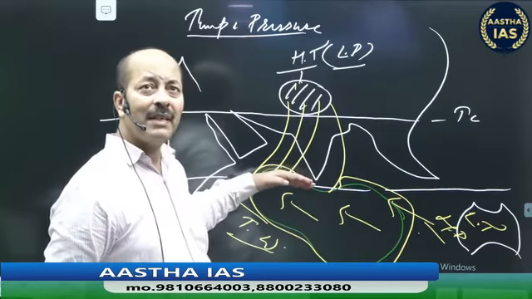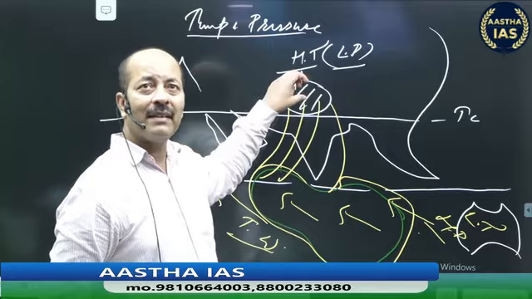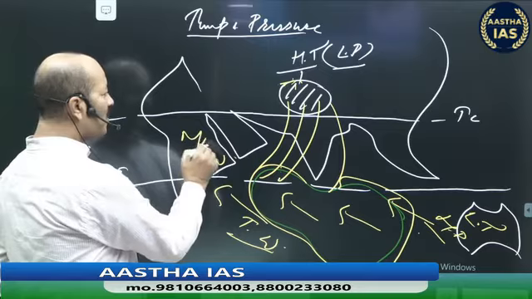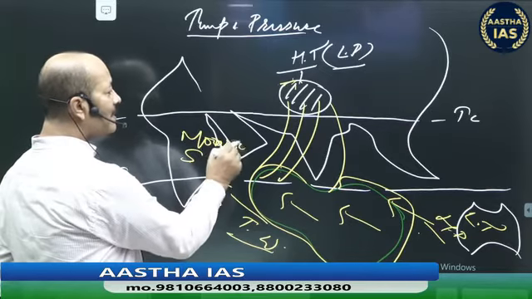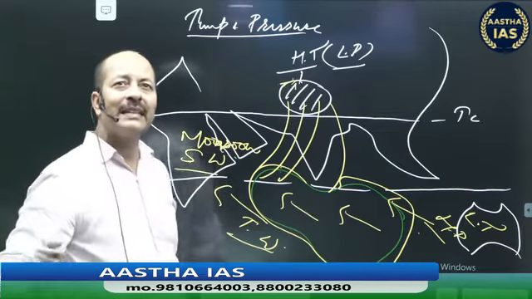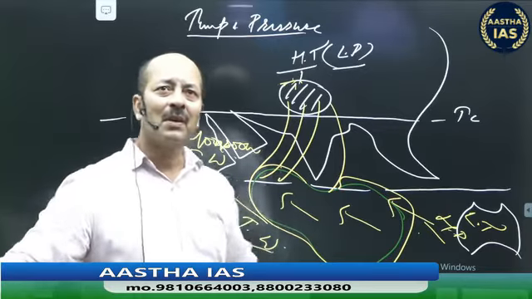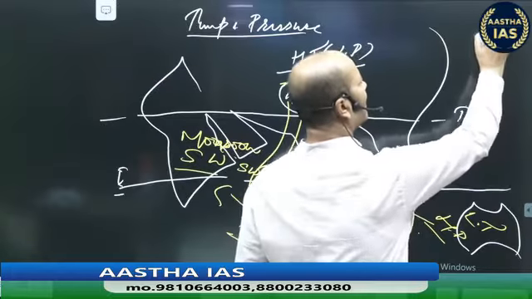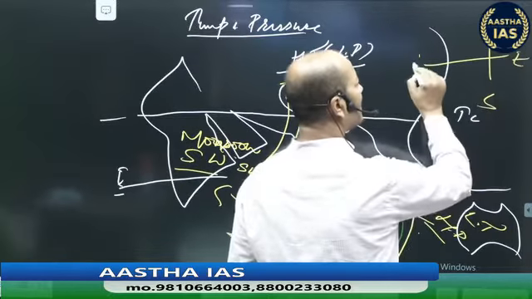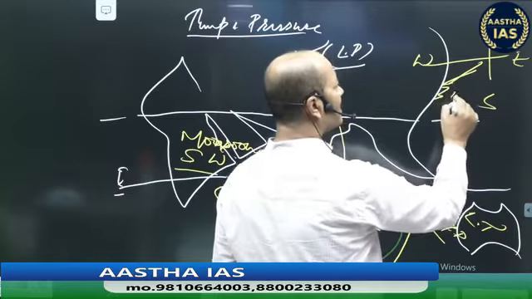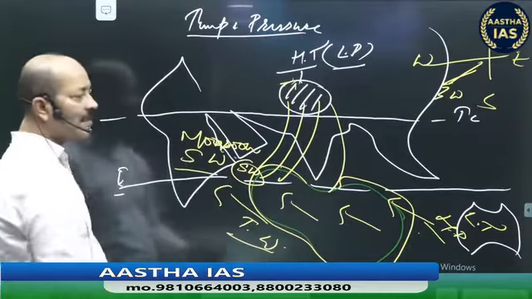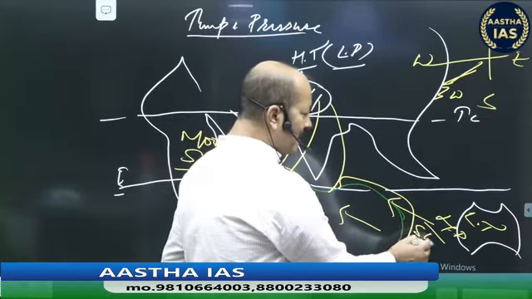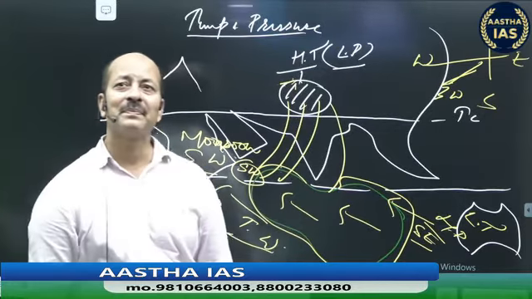After crossing the equator, it is attracted to the low pressure area of India, named as southwest monsoon. So it is not trade wind, it is southwest monsoon, meaning the direction is from the southwest. Now try to see this area. We have north, south, east or west. So this area is southwest. That is why the wind is named as southwest monsoon. Before crossing the equator it is named southeast trade wind. Getting this one?